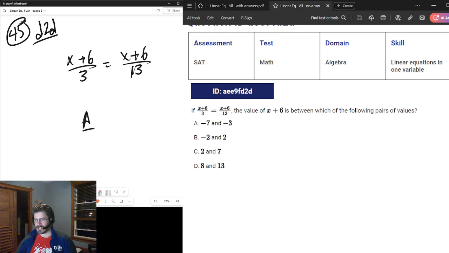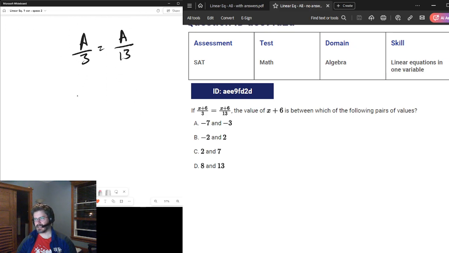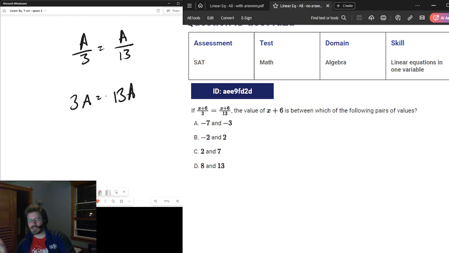We could say a over 3 equals a over 13, cross multiply, and, I mean, you could graph this. 3a equals 13a. The a's divide off. It almost doesn't matter what a is, right? And you get 3 equals 13, which is a contradiction.